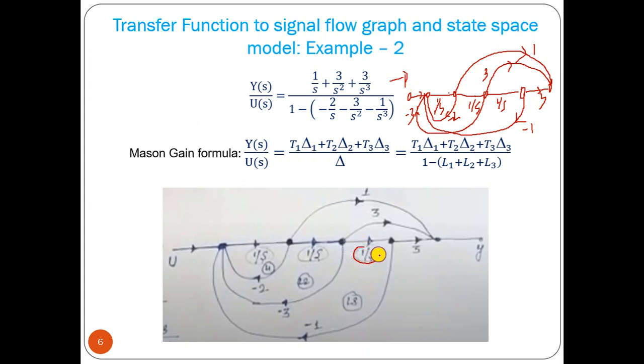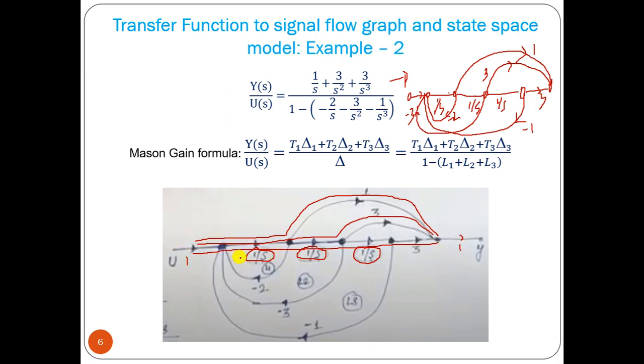So we have this 1 by s term. So 3 integrators or 3 variables you have to take, and this is your first forward path, this is your second forward path, and this is your third forward path, and this can be 1, this can be 1.